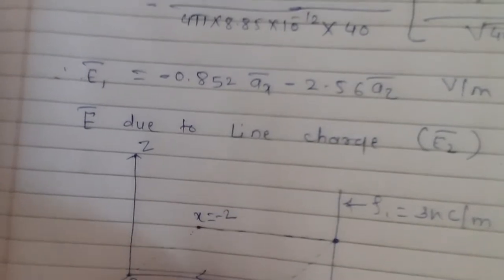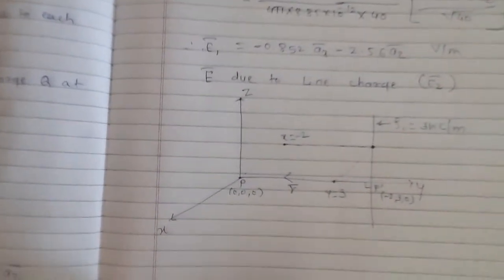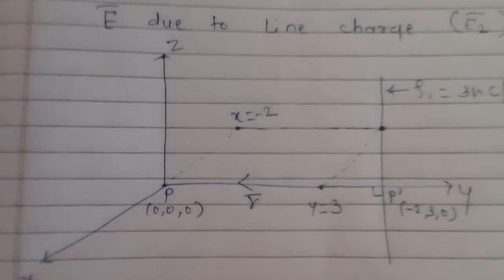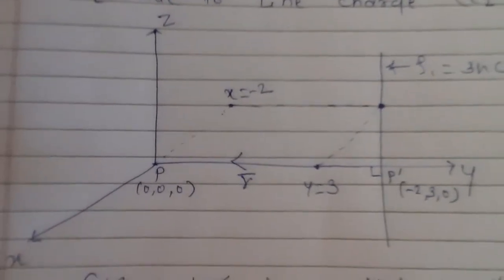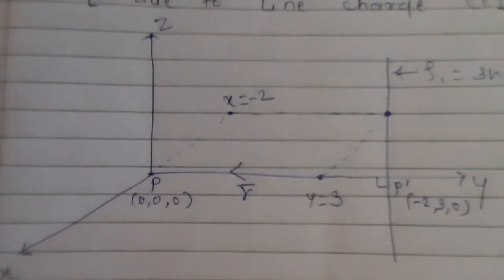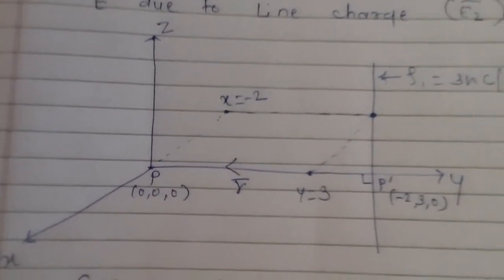This is vector R bar. Here a perpendicular is drawn from the origin and it meets the line charge density at P dash.